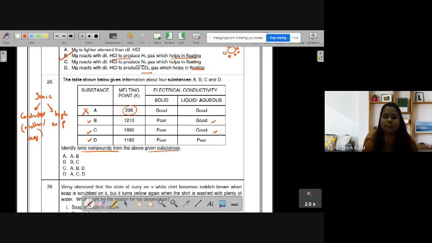That is option B and C. Because in the liquid and aqueous state, option D is a poor conductor of electricity, so it cannot be an ionic compound. To be an ionic compound, it has to conduct electricity in the liquid or the aqueous state. So option B would be the correct option.